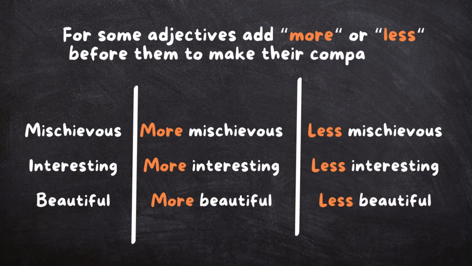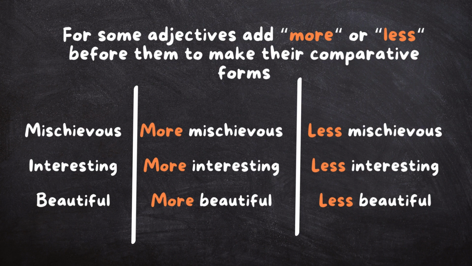So mischievous, we add more before it to get more mischievous. Interesting, we add more before it and you get more interesting. Beautiful, we add more before it and you get more beautiful.